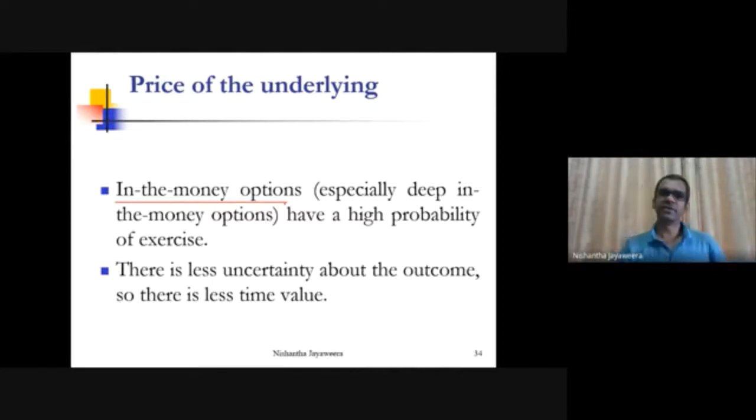Then during the remaining period, there's less chance of coming back closer to the strike or the other side, lower or higher than the strike, depending on whether it's a call or a put option. That chance is very low. Moving from deep in the money to an out of the money option is very unlikely.